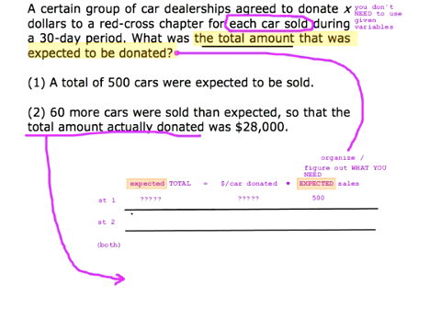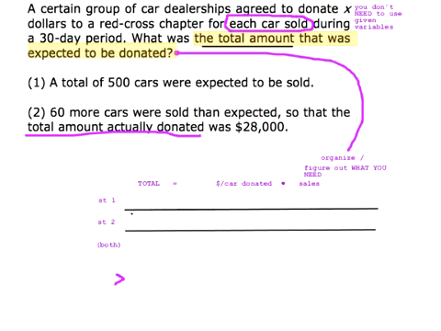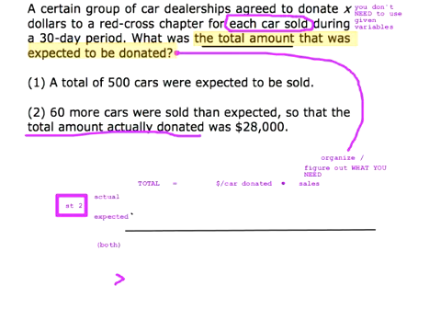So maybe what we should do here is amend this organization so that it's just total is dollars per car times sales. And then we can make rows for expected and for actual. And so this is for statement 2. Don't be afraid to amend your chart accordingly, right? So this is actual and this is expected.